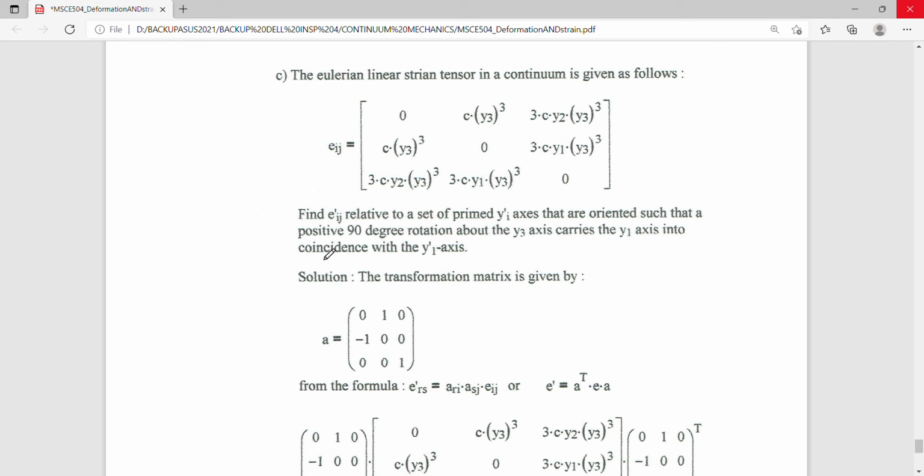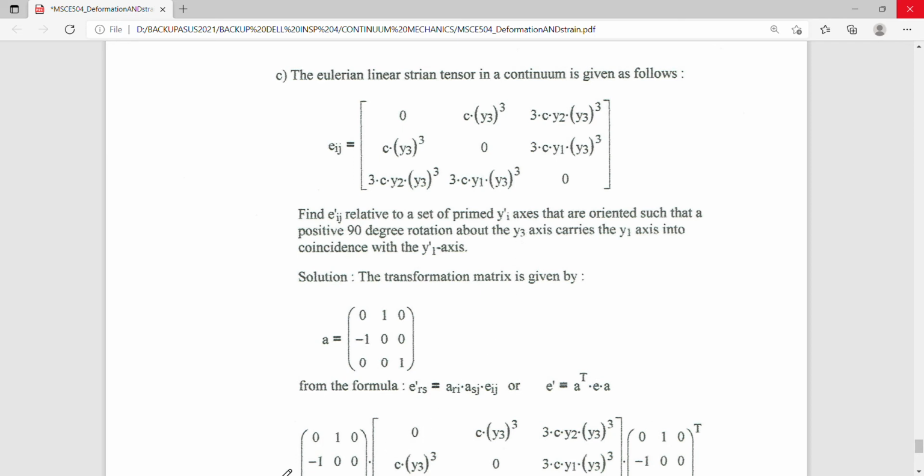We are asked to find the direction cosine matrix for a set of prime axes y_i prime such that the y1 axis is rotated about the y3 axis at an angle of 90 degrees to coincide with the y prime 1 axis.